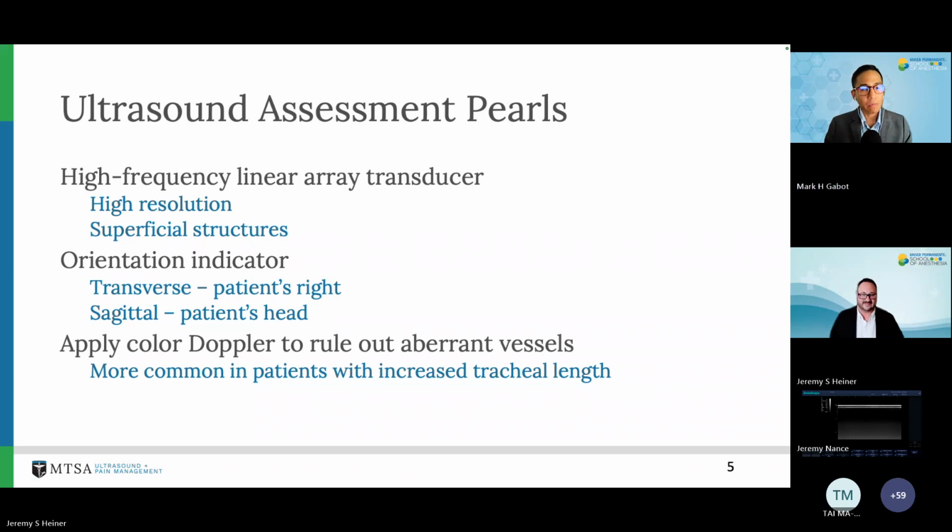So in terms of assessing the airway, why are we doing this? It's basically for patients that we identify as potential difficult airways, where we have a little bit of time beforehand to go ahead and scan them and identify that cricothyroid membrane, because just as Jeremy said, it's going to be the last step in any algorithm that we're going to be doing in regards to cricothyrotomy.